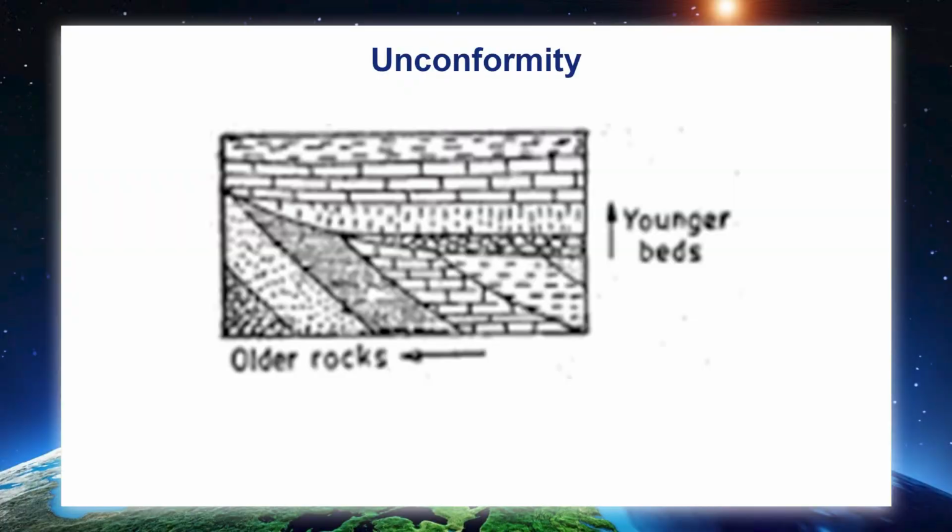Okay. Next, see, this is unconformity: a younger bed on the top and, of course, inclined beds at the bottom. These are two different formations. The bottom portion was formed much earlier, maybe lakhs of years or millions of years before.